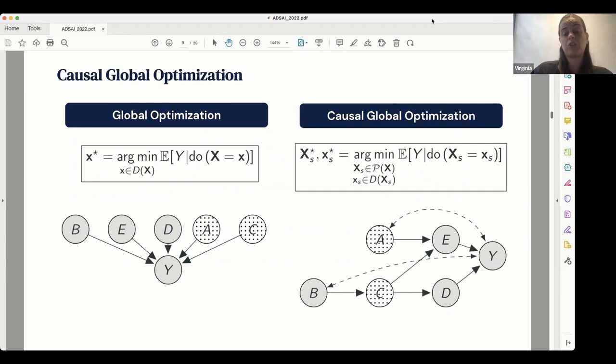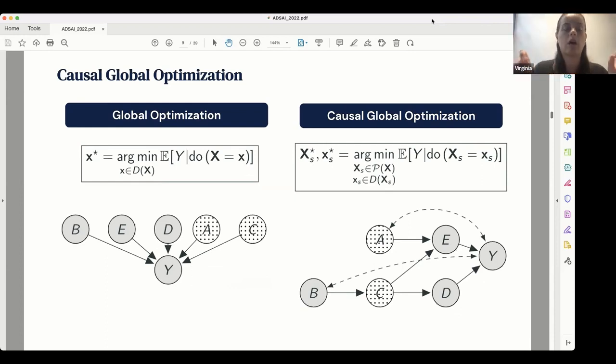So causal global optimization is different from global optimization. In global optimization, what we are trying to do is to find the optimal intervention level. And so we assume to be intervening on all the inputs, and we try to find the level that maximizes the target. So if we were to consider a causal graph like the one on the right, where we have as well unobserved confounders, manipulative variables, and different causal structure among the inputs, we would break the causal relationship between these inputs.